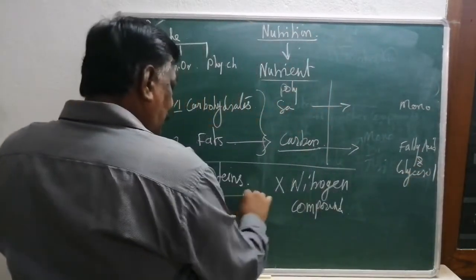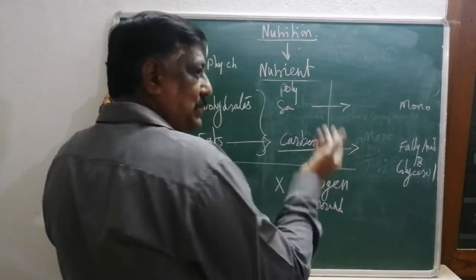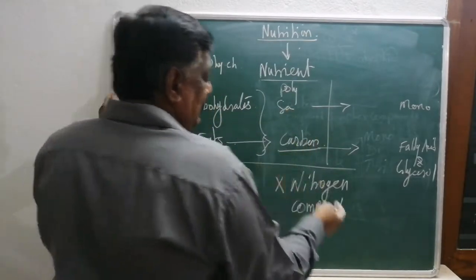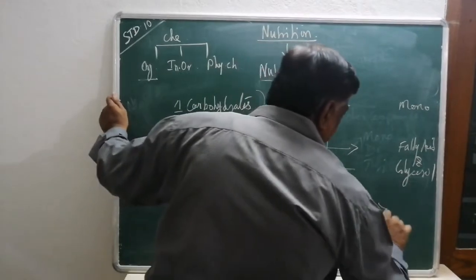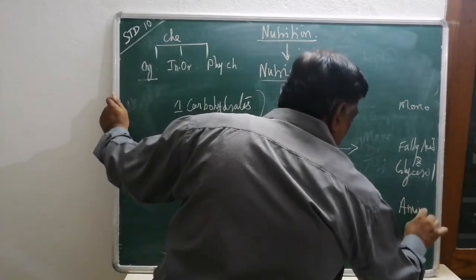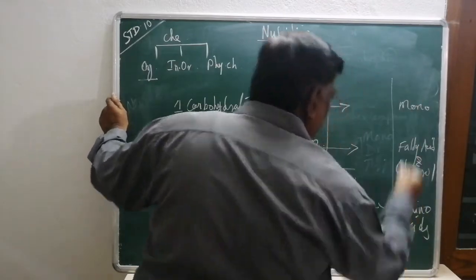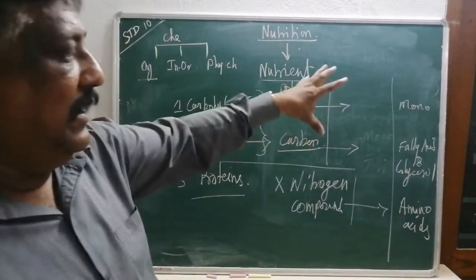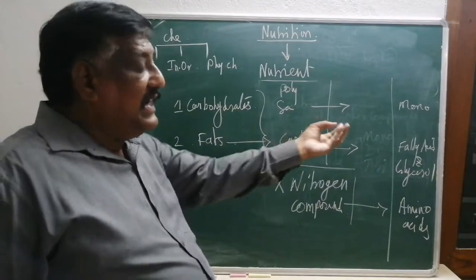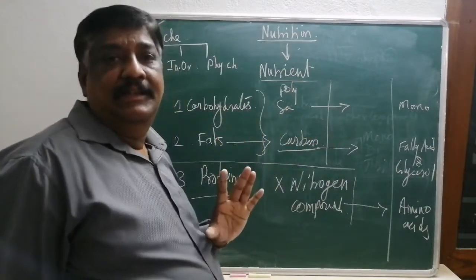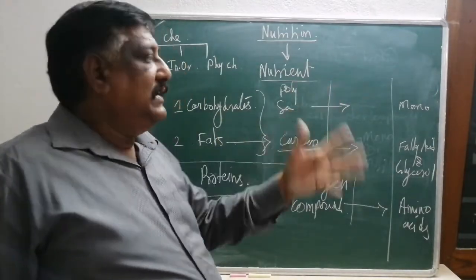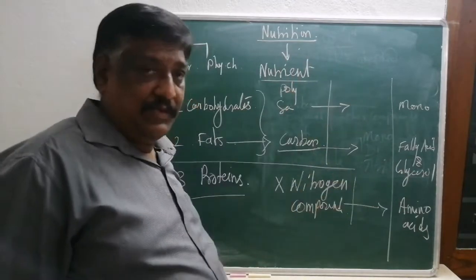And if you consume proteins prepared by the plants, or even animal food, it is to be broken down into its simpler form, amino acids. These three are the simpler forms which can enter into our blood and travel inside, and we can get energy from these compounds.